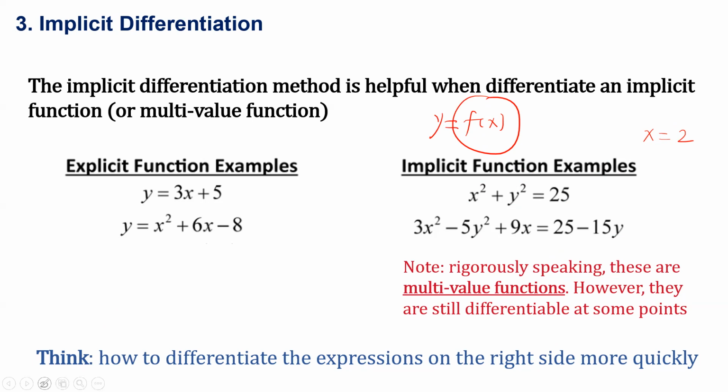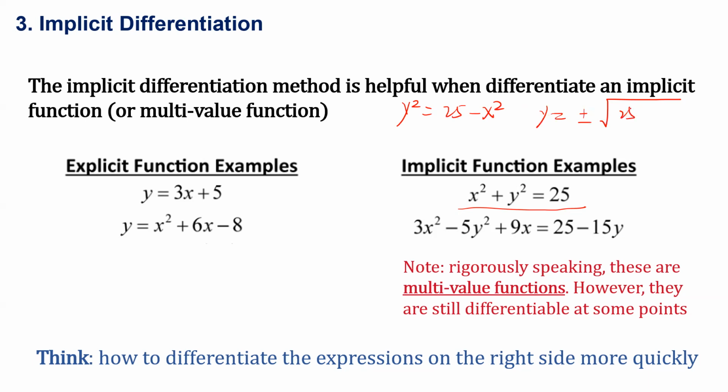For example, in the first case, y squared equals 25 minus x squared, then y equals either positive or negative square root of 25 minus x squared, and then you can find the derivative of y with respect to x. But in the second example, it's more difficult to find the explicit expression of f(x).